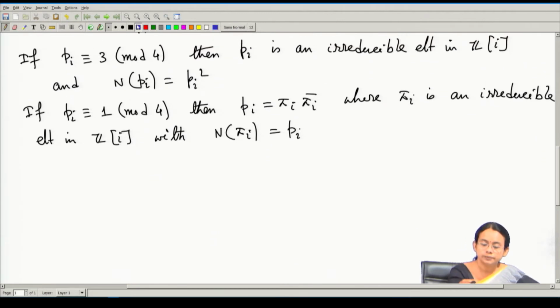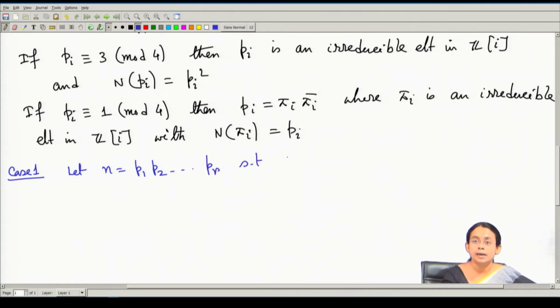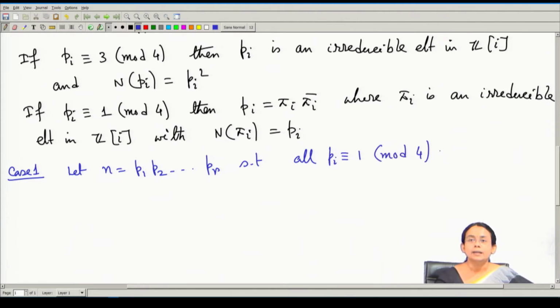First, case 1: let n be written as p1 p2 up to pr, such that I am assuming for the first case that all these pi's are congruent to 1 mod 4. In that case what do we know?